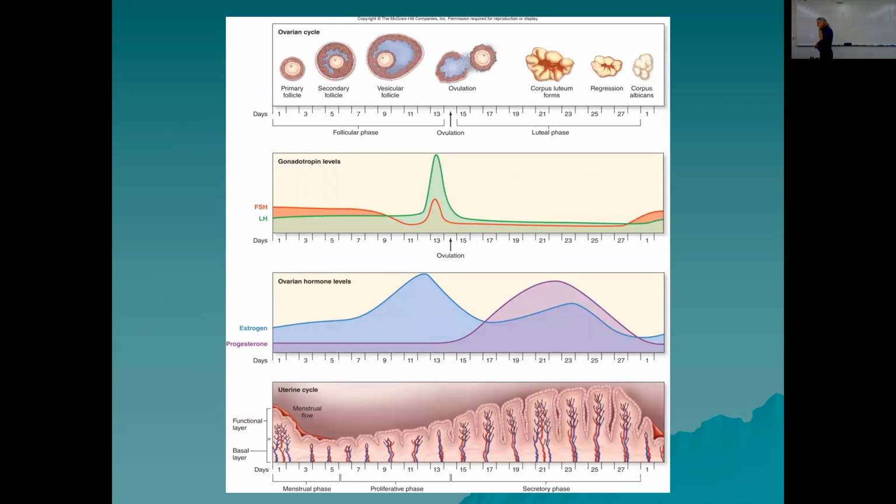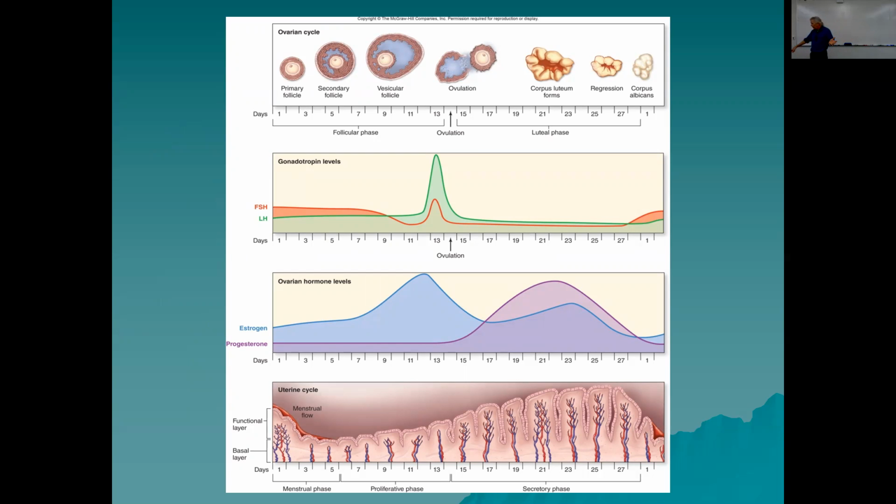So here it is right here, the ovarian cycle, the gonadotrophin levels, ovarian hormone levels, and uterine cycle. You can see the menstrual phase at the very beginning, the menstrual flow from the last month, right?